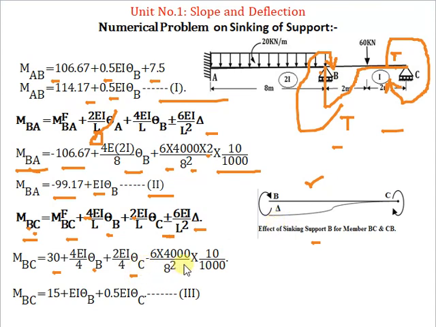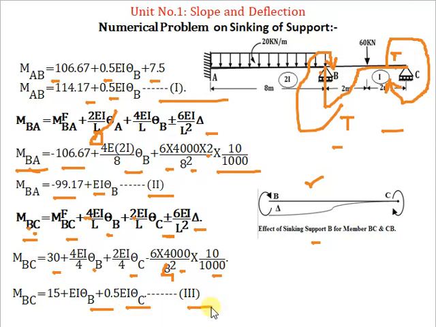Now moment of inertia is I, so EI is equal to 4000 divided by 4 square. Span is 4 into 10 divided by 1000. So by simplifying we have MBC is equal to 15 plus EI theta B plus 0.5 EI theta C.